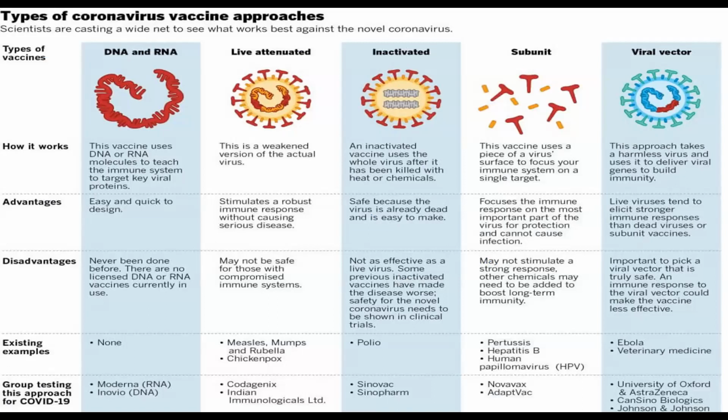Okay, next. This is the type and how the vaccine works. First, DNA and RNA. This vaccine uses DNA or RNA molecules to teach the immune system to target the viral proteins. Next, their advantages.